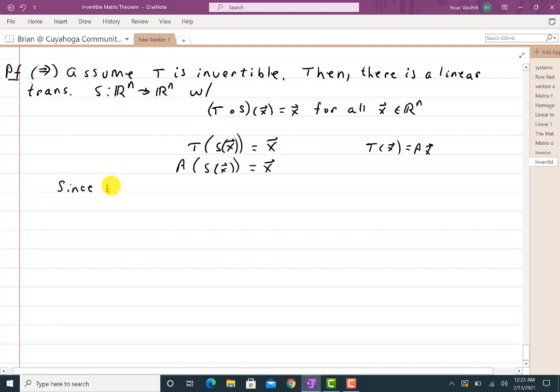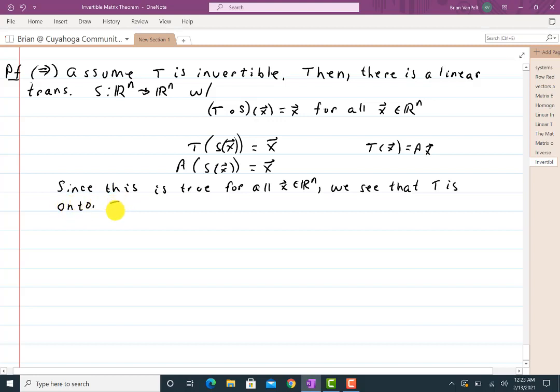Since this is true for all x in Rn, we see that T is onto.